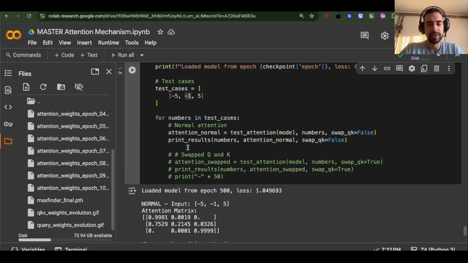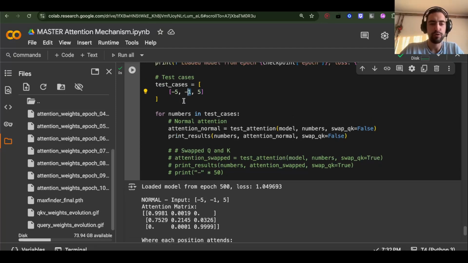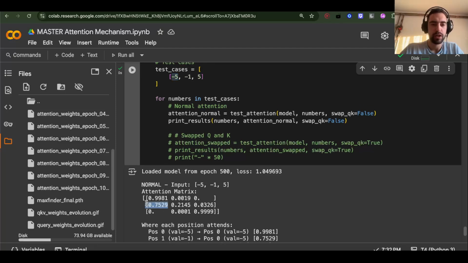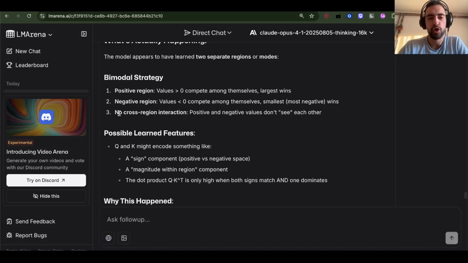Now this is interesting. I have -5 and 5, but I also have -1. So what's gonna happen now? Of course, -5 will vote for itself and 5 will vote for itself. But -1 will vote for -5, which is interesting. It looks like negative numbers don't even see positive numbers, and positive numbers don't even see negative numbers, which supports Claude Opus' hypothesis.